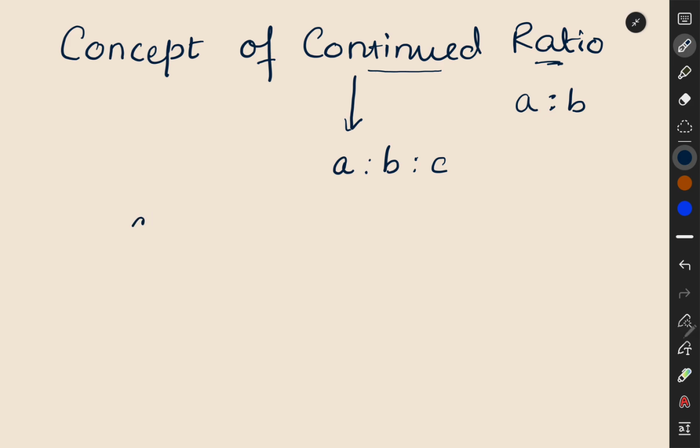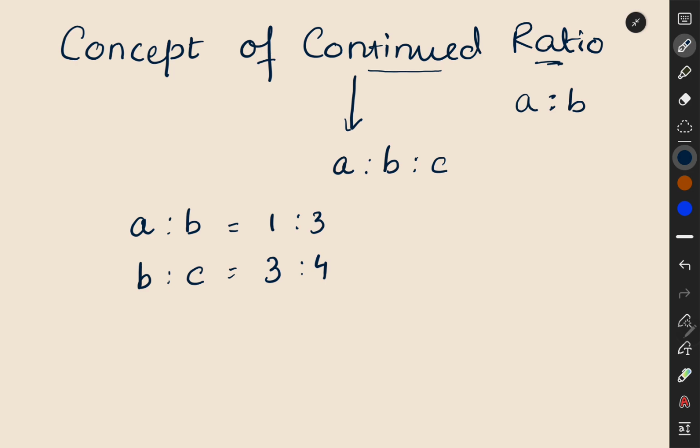That is, if we have A ratio B, the value is 1 is to 3. Another ratio B is to C, the value of this ratio is 3 is to 4.